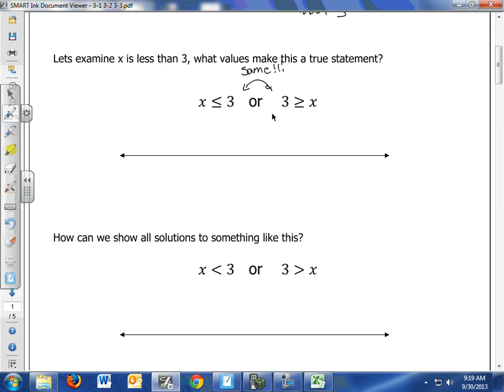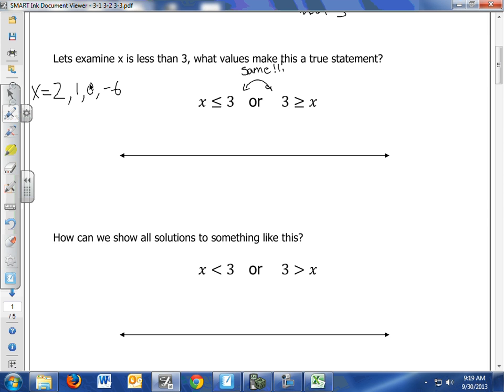Okay? Somebody give me some numbers that will make this inequality true. 2. Right? What's another one? 1. Give me another one. 0. I like that, Ms. Jacoby. -6.